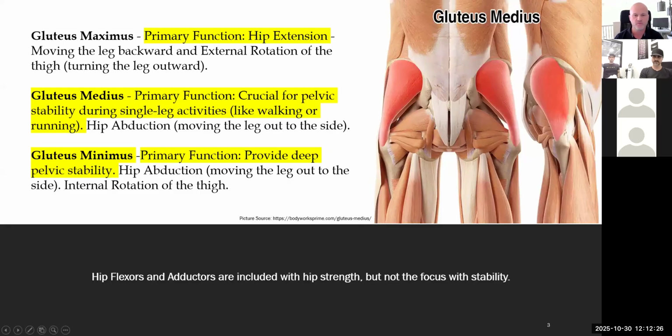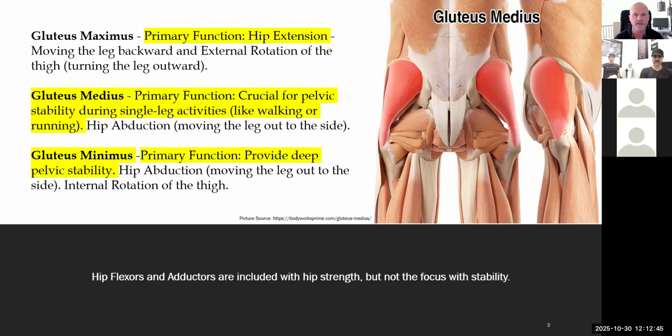The glute medius is really crucial for pelvic stability, single leg walking, and running, and the glute minimus also assists with pelvic stability. So if you can see the main features on here, the main concern is stability, okay?